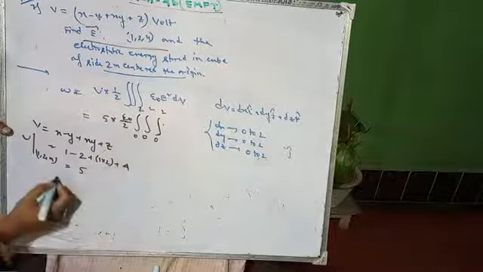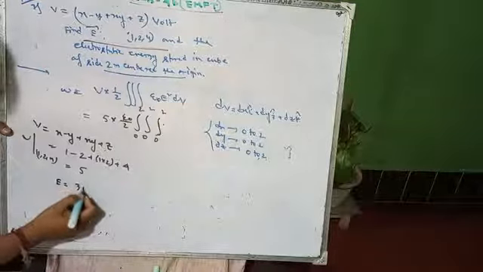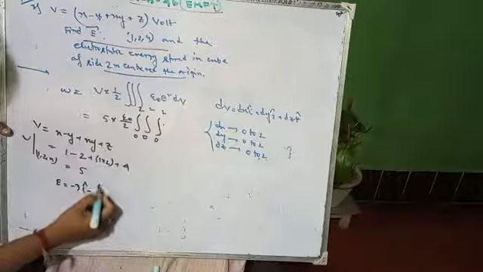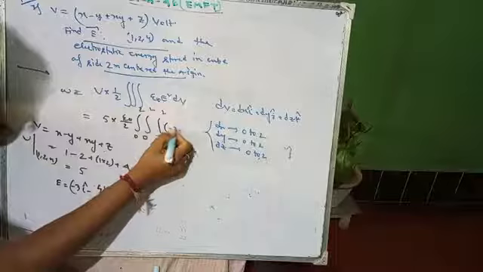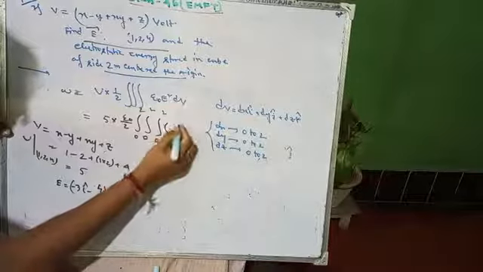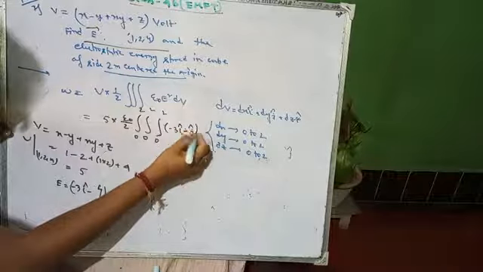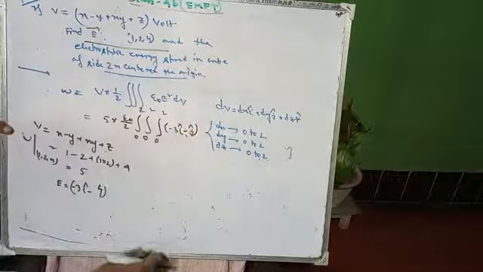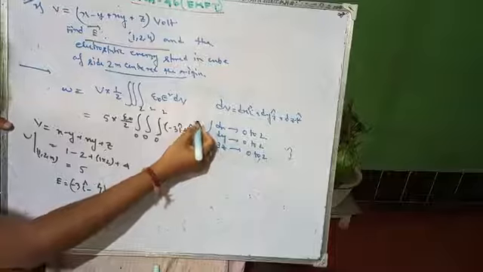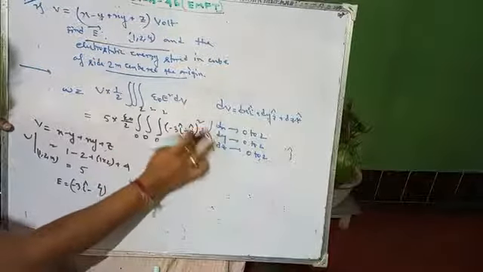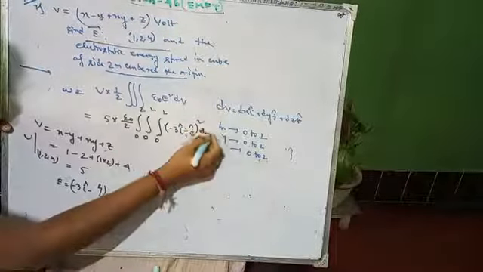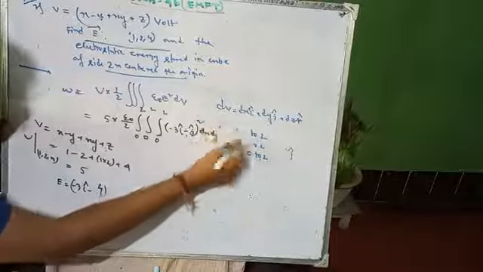So E equals minus 3 i cap minus j cap, so it will be (minus 3 i cap minus j cap) square over dV. And dV means dx, dy and dz.